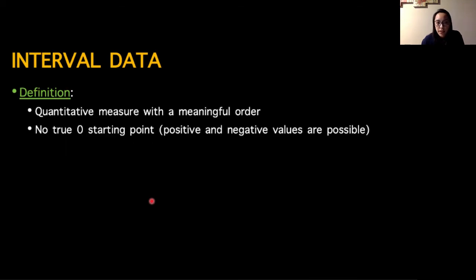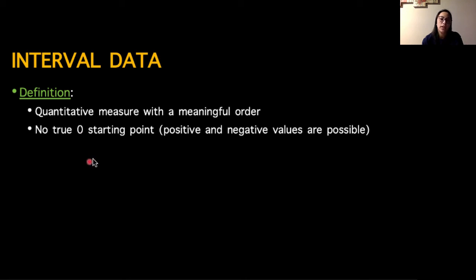For our parametric types of data, interval data was our first type that we had listed on that slide. And this is a quantitative measure with a meaningful order. So if you think of a number line, right, 1 comes before 2, comes before 3, comes before 4. There's a meaningful order to the data, but there's no true zero starting point.